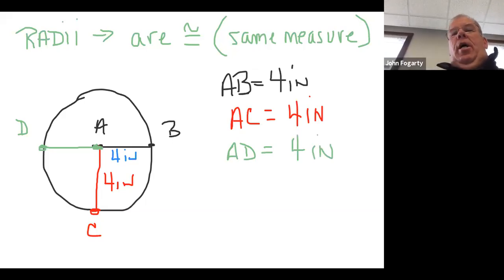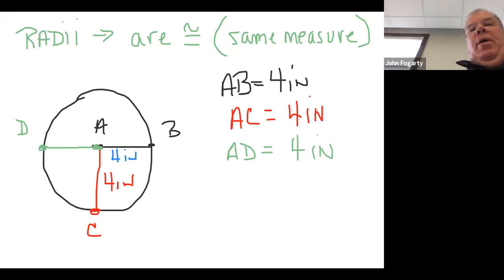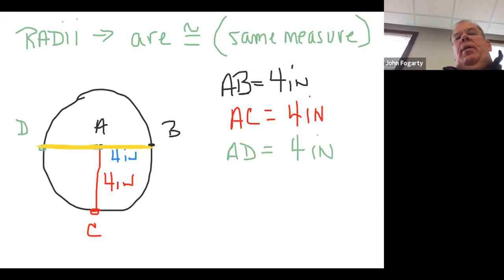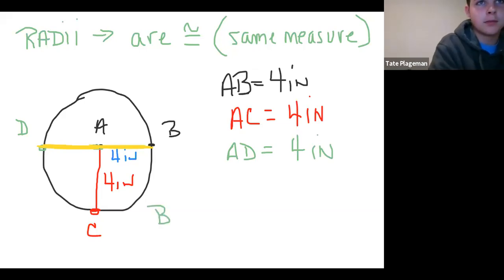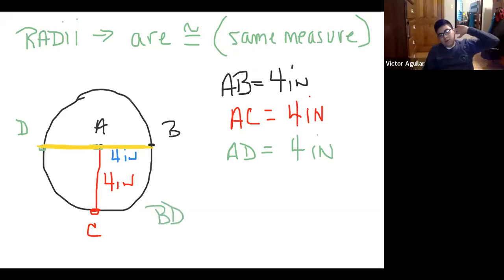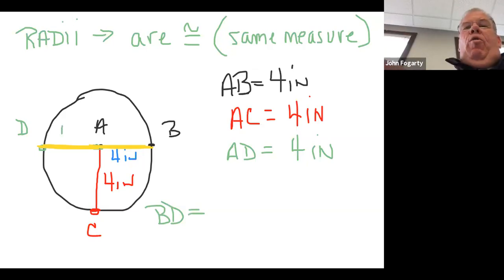Now, let's take AD and AB and put them together. And what's BD? 8 inches. What would you call BD? A diameter. Very good.